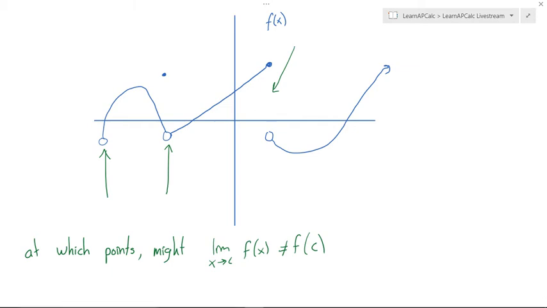Well, if we take the limit at this point, we'll call this A, we'll call this B, we'll call this C. Alright, so if I take the limit at A, I'm going to get some sort of value. I didn't indicate what it was, but I'm going to approach something.